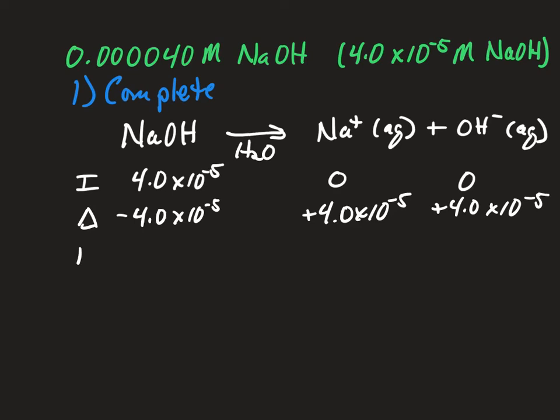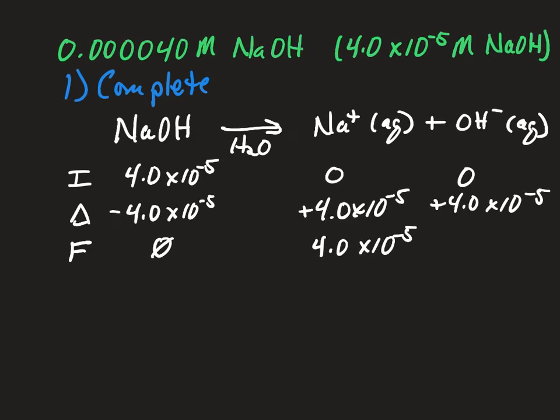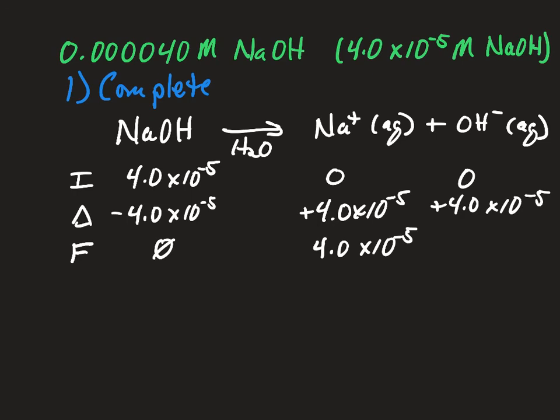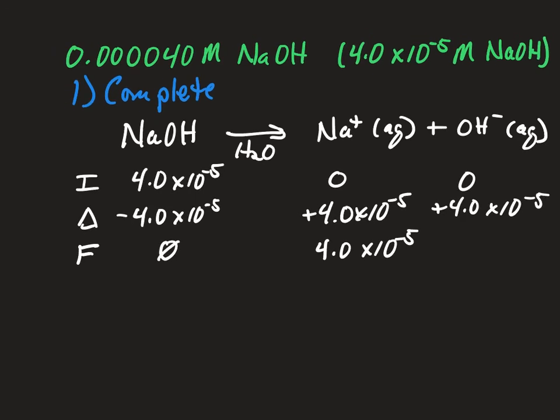So when we reach our final point, it is not at equilibrium. We have no sodium hydroxide left. We have 4.0 times 10 to the minus 5 moles of sodium ions per liter, and 4.0 times 10 to the minus 5 moles of hydroxide ions per liter.